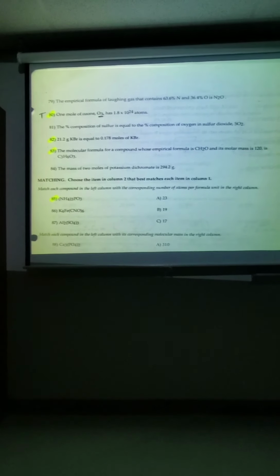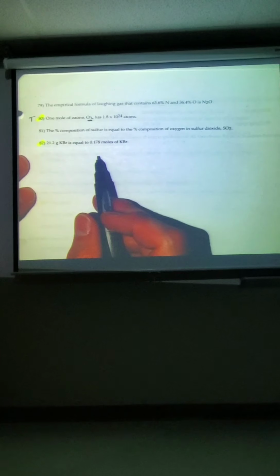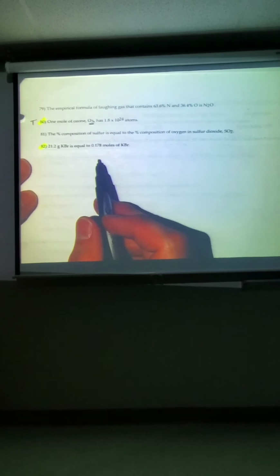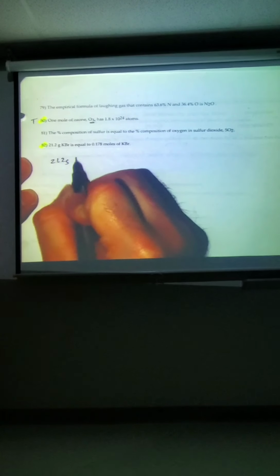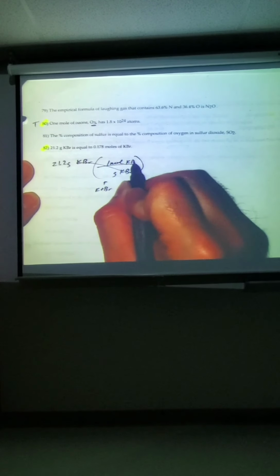And number 82, we have 21.2 grams of KBr is 0.17 moles. So the easiest way to do that is remember molar mass is grams per mole. So if we have 21.2 grams of KBr, take grams of KBr and get rid of it. This you can get from the periodic table. That's K plus Br in 1 mole of KBr.